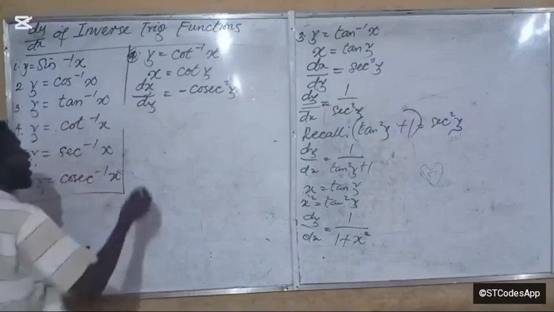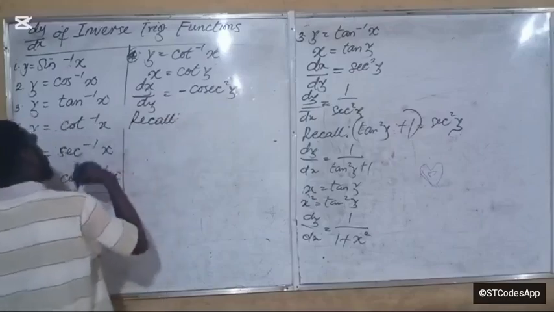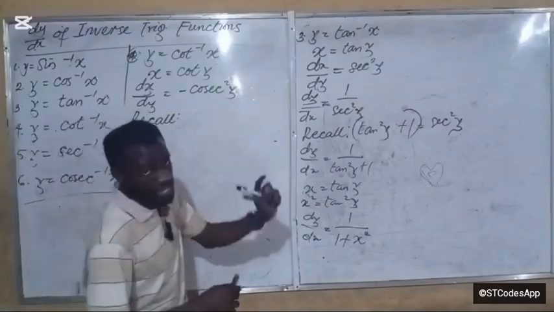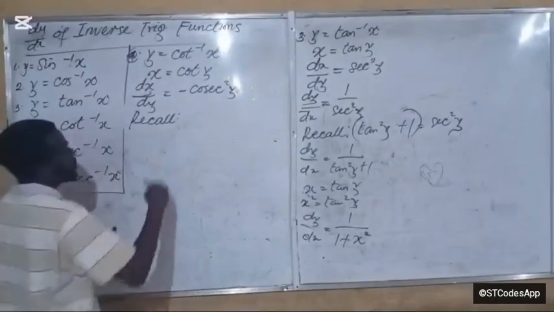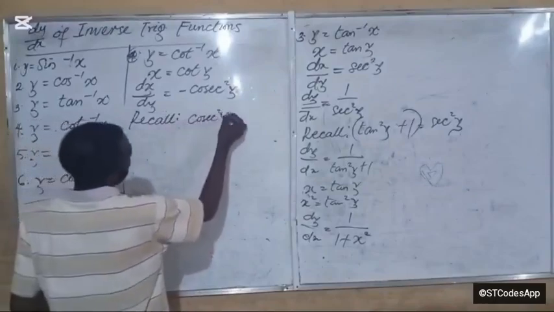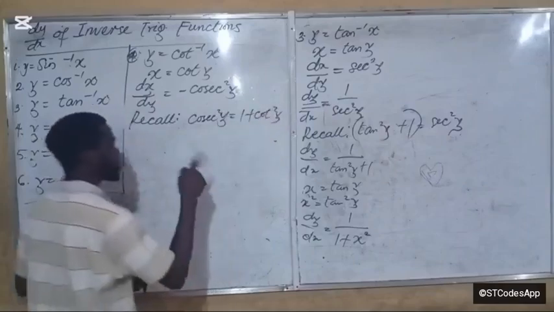So let us remember our identities. Recall that, now, if you want me to make a video on how we get these identities, like I said before, tell me in the comment section. Remember that cosec squared y is equal to 1 plus cot squared y. I guess this is correct.